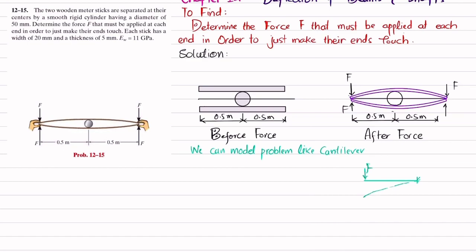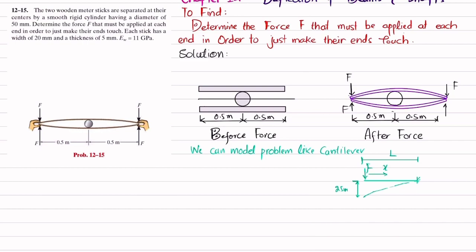Let X be the length in this direction, and this is the total length of this beam, which is L. When you cut it, you can see that here the deflection is half of the diameter, which is 25 millimeter. So I will also write it, the deflection is 25 millimeter.